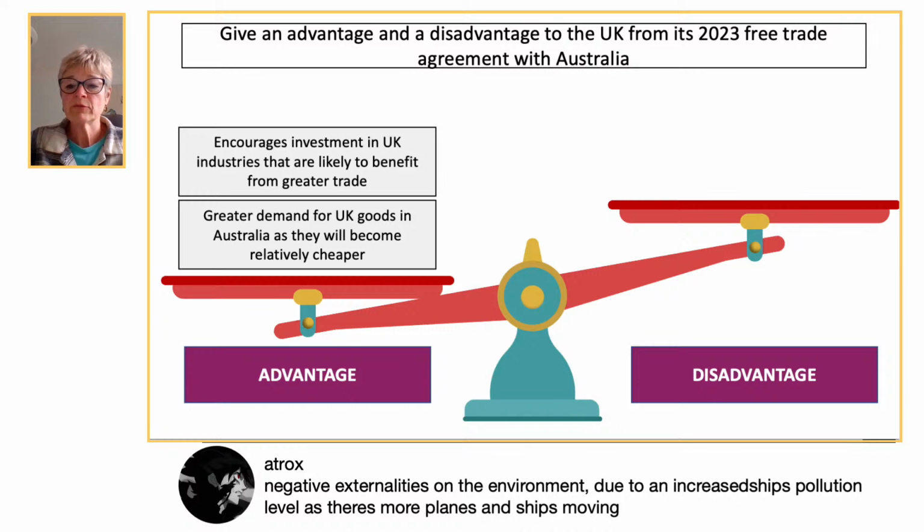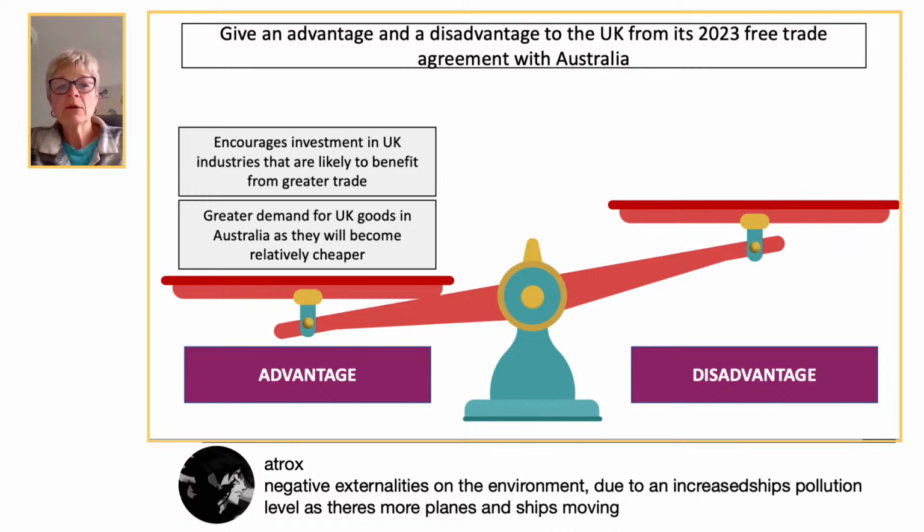It could even be beef. So, yes, you're right. Atrox says negative externalities, the environment, good. Due to increased ships pollution level, as there are more planes and ships moving, you're absolutely right. We've got more damage to the society. Remember, if you're talking about air pollution, that could be a micro point, but it would be perfectly valid in this particular case as well.